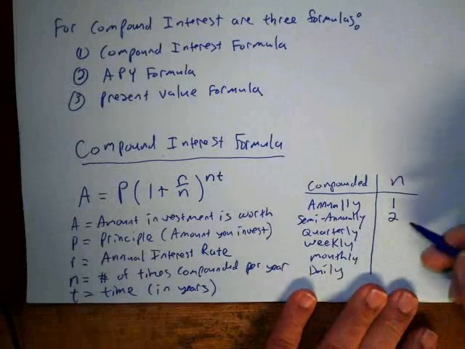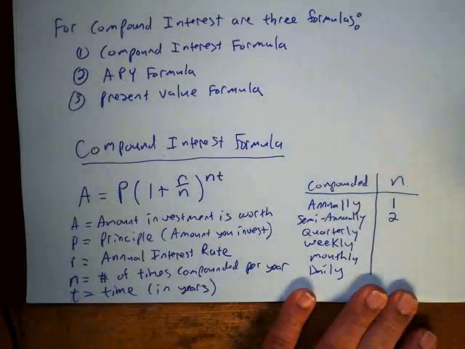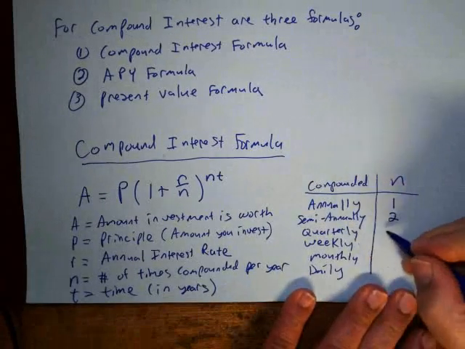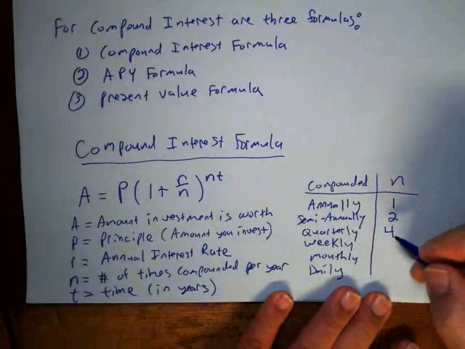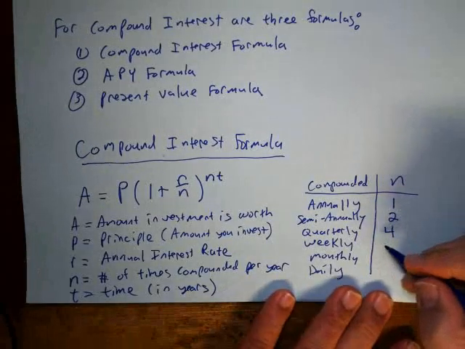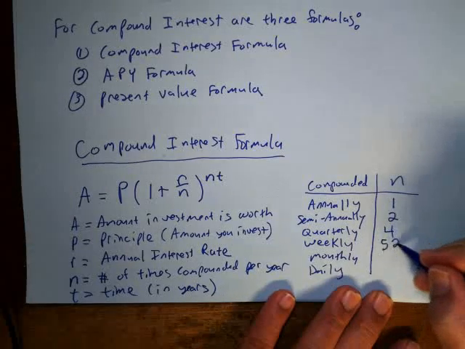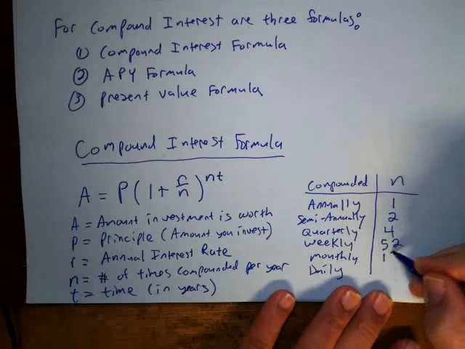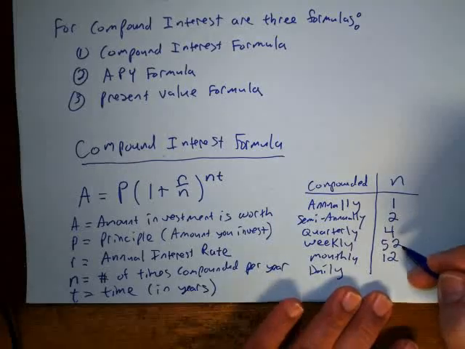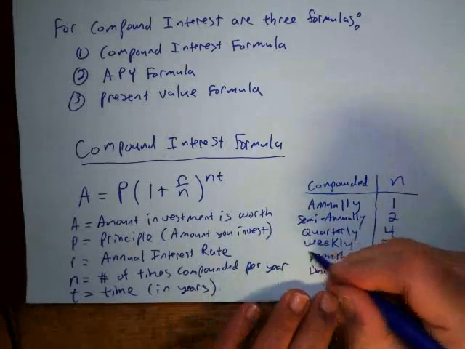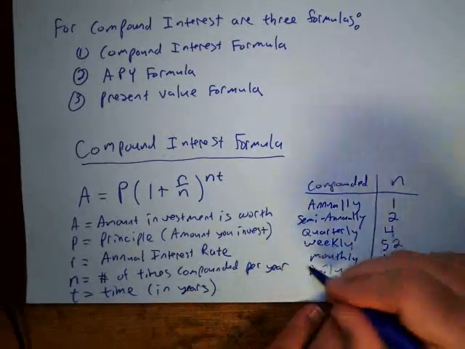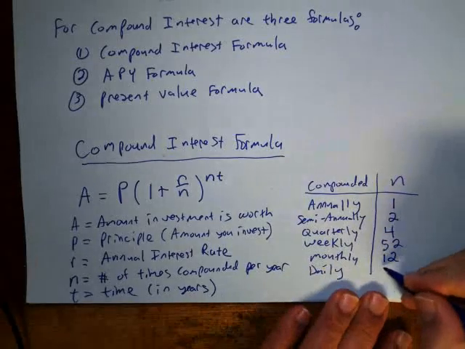Semi-annually would be twice a year. You're compounding it halfway through the year. Quarterly is 4 times a year. Weekly, well, I should have had monthly first, but weekly would be 52 times a year. Monthly would be 12 times a year, so I should have listed those in reverse order. It doesn't matter.